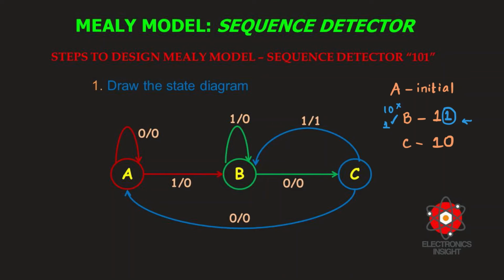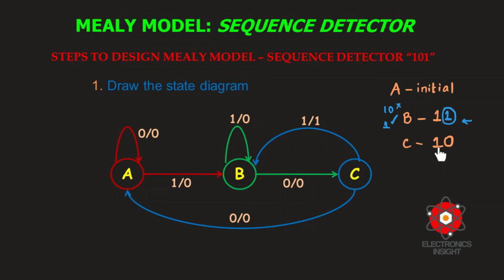Until B you have received 1, so you stay at the same state B, and output is 0. And then if I receive 0, 1, 0, I will move to the next state.